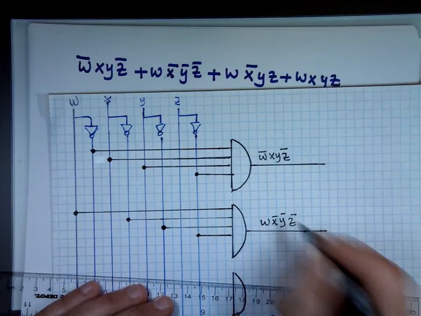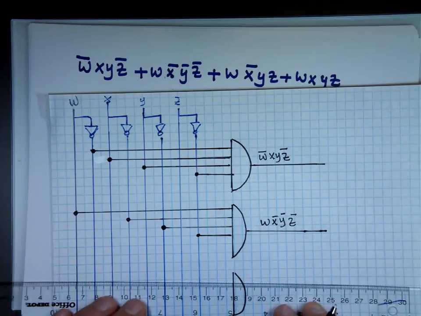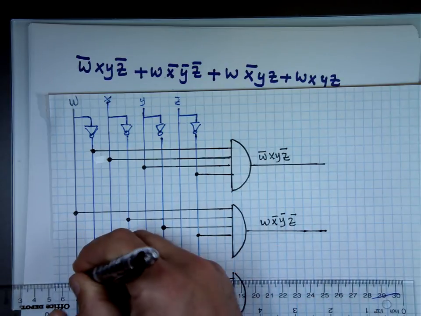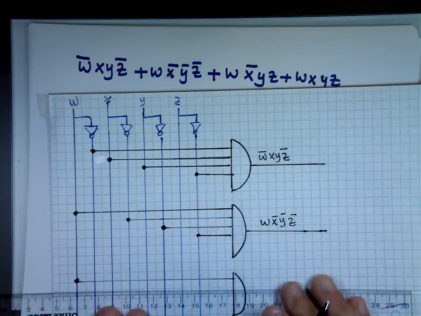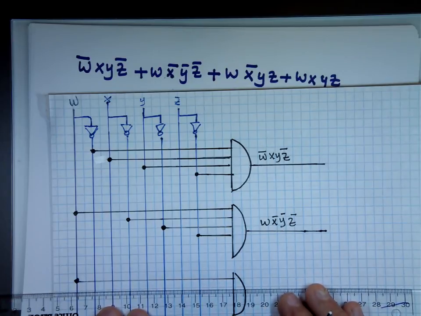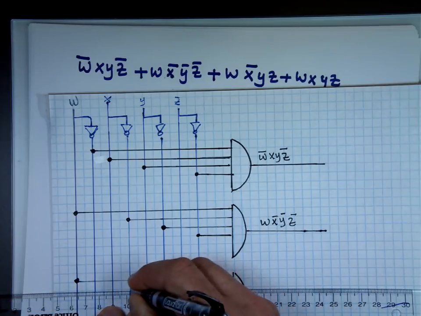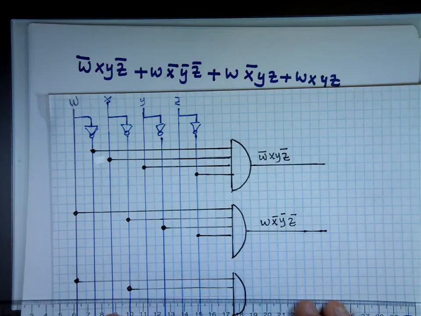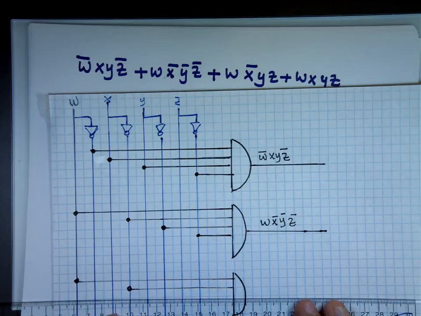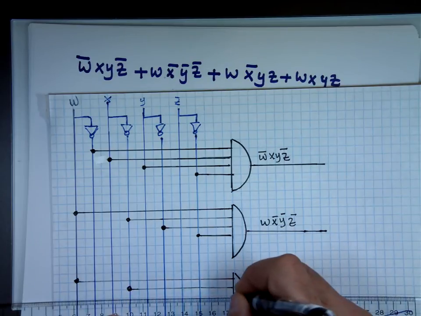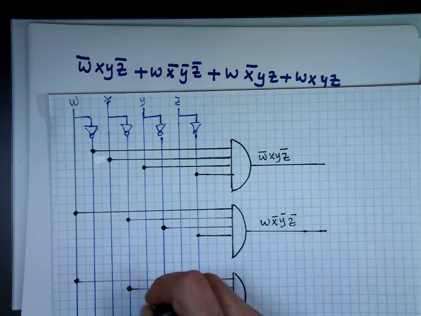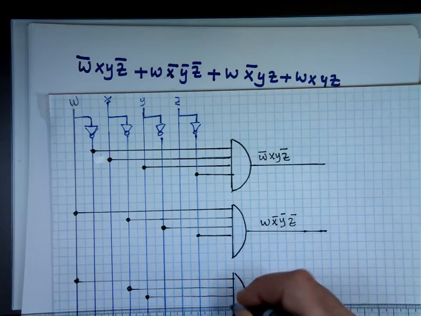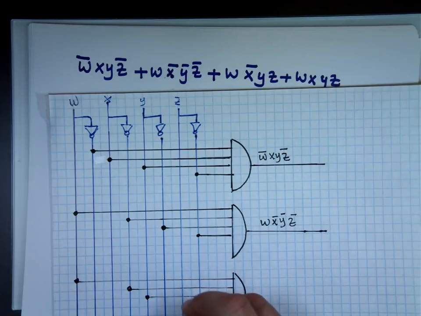Next one, W, X bar, Y and Z. That's the next gate.